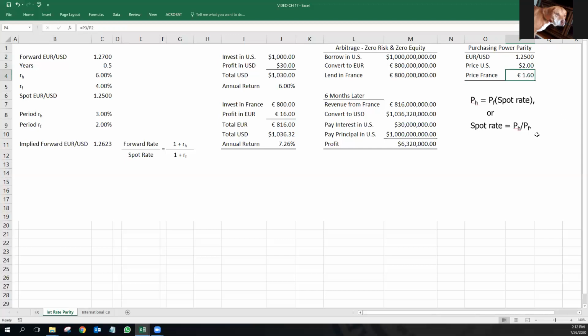Now, in real life, you have to include shipping costs and all that, but let's just do it for the example. The idea is, if for any reason the price in the US is not $2 when this one's 160, or vice versa, where the price in the US is $2 and this one is not 160, there could be an opportunity of buying in one country, selling in another, and making extra profit by the difference in price.